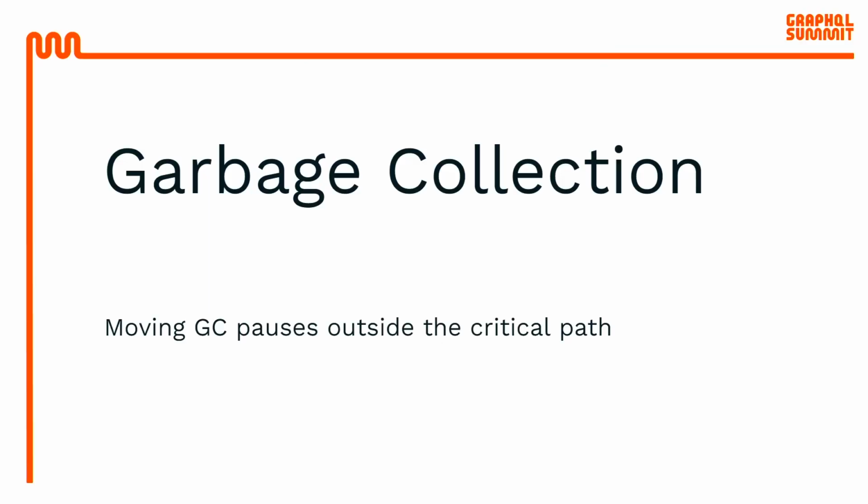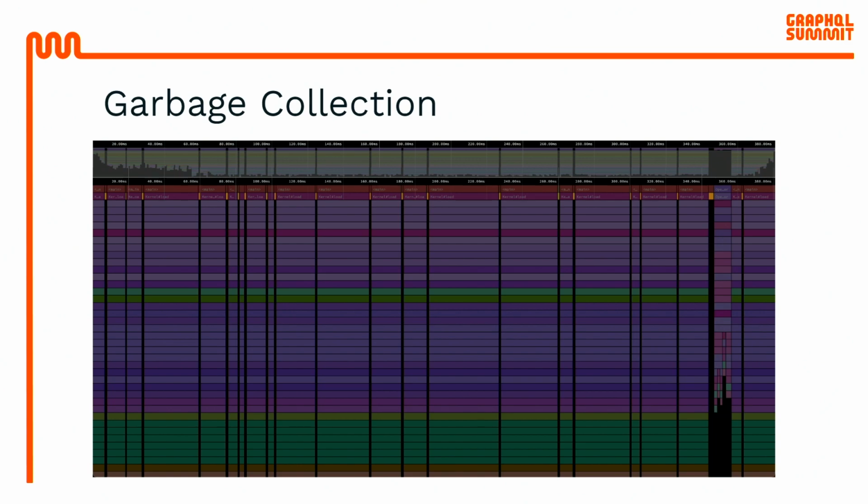All right, now that we went through all phases of execution, let's go a level deeper and see what's going on at the programming language level. If you're using a garbage-collected programming language and you profile a GraphQL execution from the request to the response, it's common to see gaps in the execution. Those gaps are mostly the same size except for one on the right.